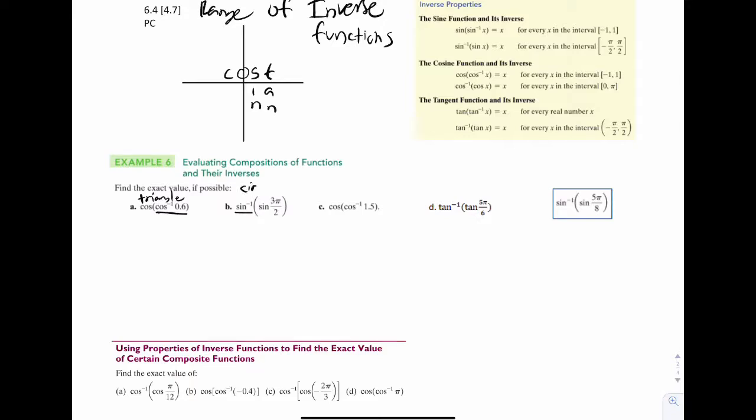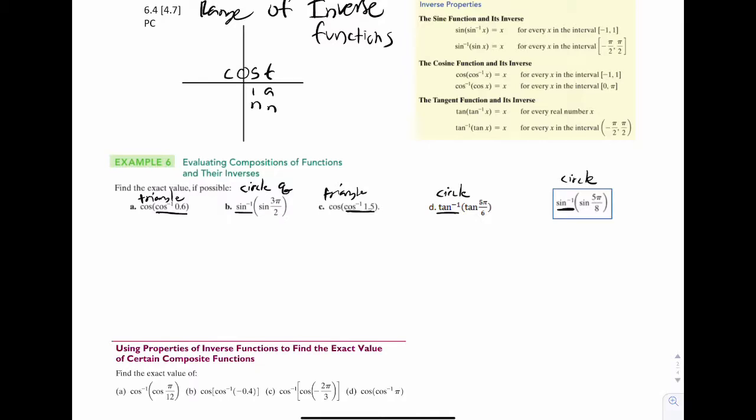We're going to call those circle questions. Okay, so let's quickly classify these. Triangle, circle. Inverse is on the inside here, so we're going to call this a triangle question. Inverse is on the outside, so that's a circle. Inverse outside here, so we'll call this circle.